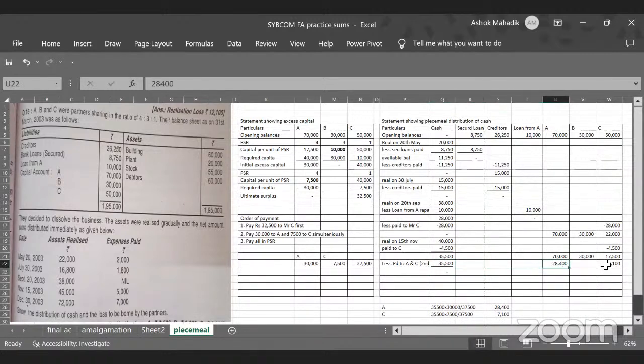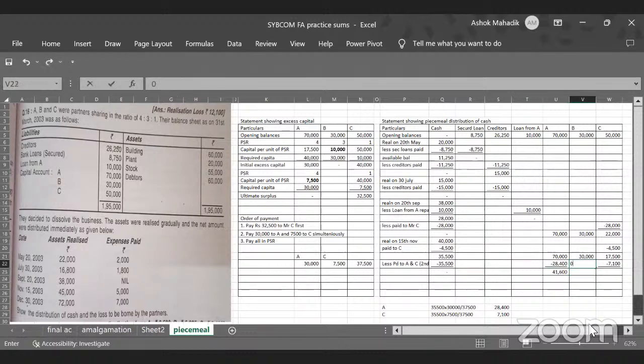Now let us see what is the balance left with A, B, and C. 70,000, I'll just put a minus sign here, minus 28,400, minus 7,100. Okay, students. Now let us see the balance left with them. A's balance is 41,600.